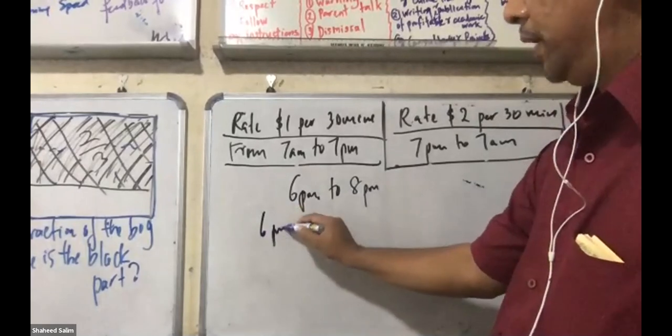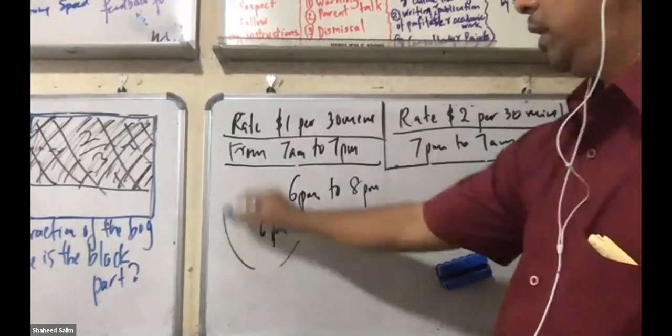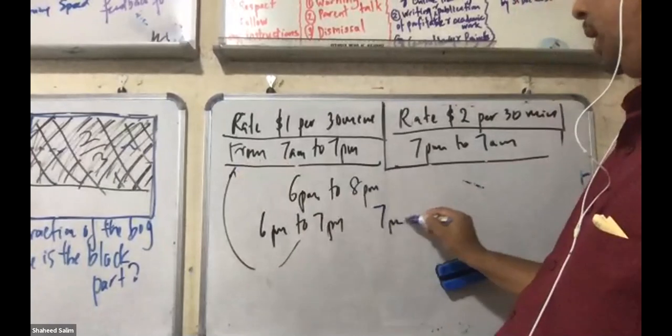Now, 6 to 7 is one rate, this rate. 7 to 8, another rate.